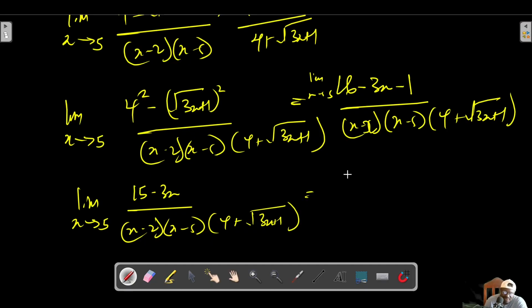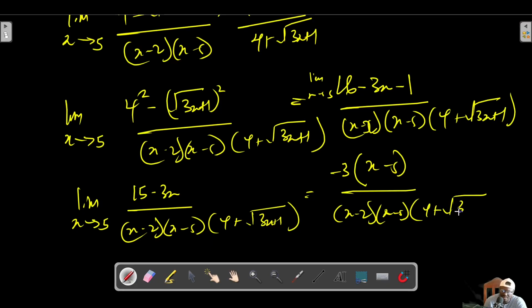What are we getting for this? Here we can factorize the numerator. We can factorize negative 3 out to get negative 3 times x minus 5, divided by x minus 2, x minus 5, 4 plus root 3x plus 1, the limit as x is approaching 5.